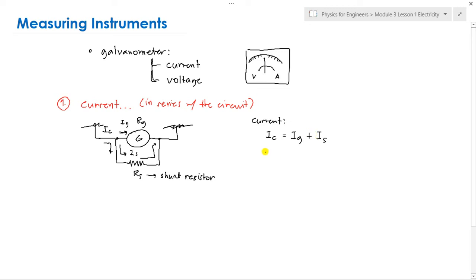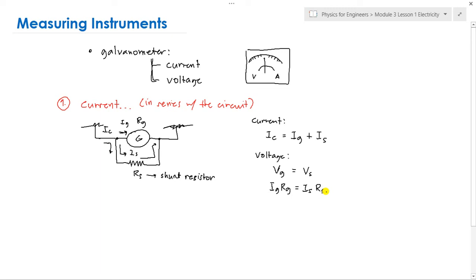And from the voltage law, the voltage on the galvanometer is just equal to the voltage of the shunt, and we all know that the voltage of the galvanometer is just equal to IG times RG, which is at the shunt, that is IS, multiplied by the shunt resistor RS.